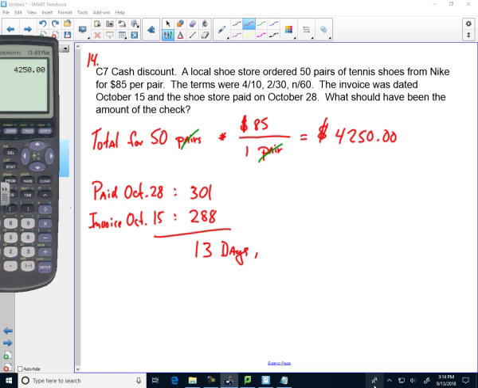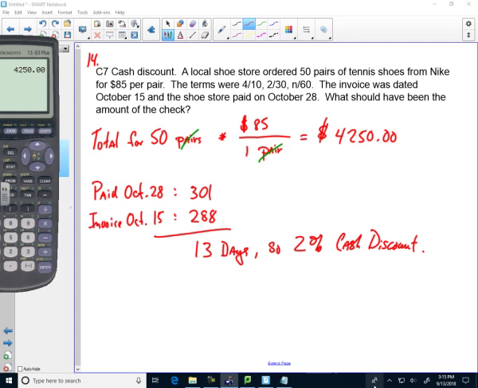So do we get a cash discount? So it's going to be a 2% cash discount. By the way, there was no trade discount in this problem. Okay, so we would have considered that first, but there wasn't any, was there? Okay.